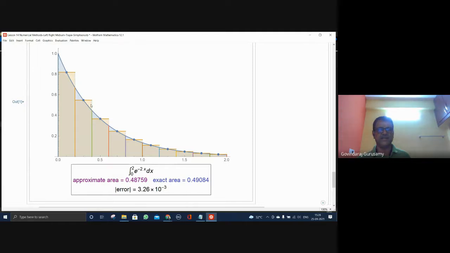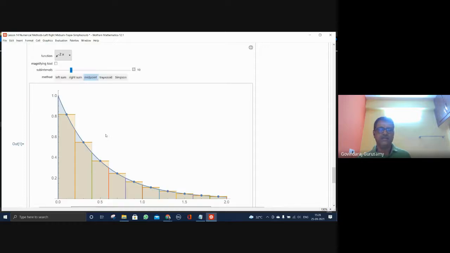This portion is now included by shifting to the midpoint. This is included, this is outside and excluded, but this part of the curve is included. So a portion which was left out previously has been added here. Therefore, there is an improvement in the error in the midpoint calculation.